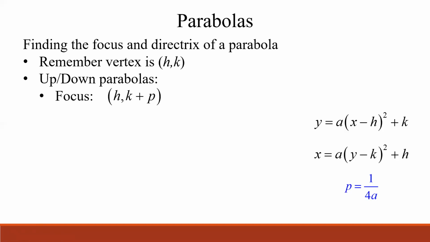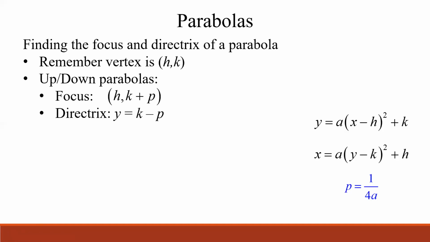So the focus is going to be wherever the vertex is, and we're going to add that p-value to the y value of the vertex. Okay. Now notice that plus sign. It's always going to be adding. P could be negative, which would mean it would be going down, right? But it's always going to be adding to the y value for those up-down parabolas. And then for the directrix, remember, it's in that opposite direction. So you're going to take the k value and subtract the p.